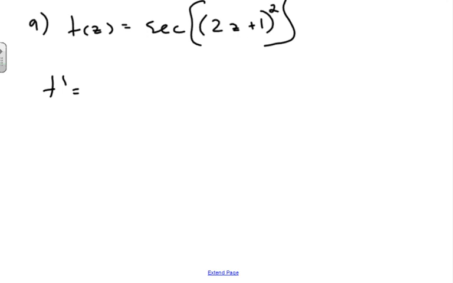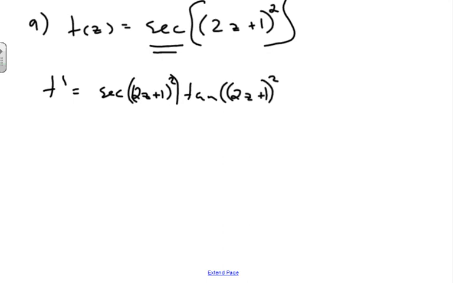So our outside function, we're going to use chain rule again, is secant. So we're going to take the derivative of secant, which is secant tangent. Now, our inside function is 2z plus 1, that quantity squared. So we have 2z plus 1, that quantity squared.